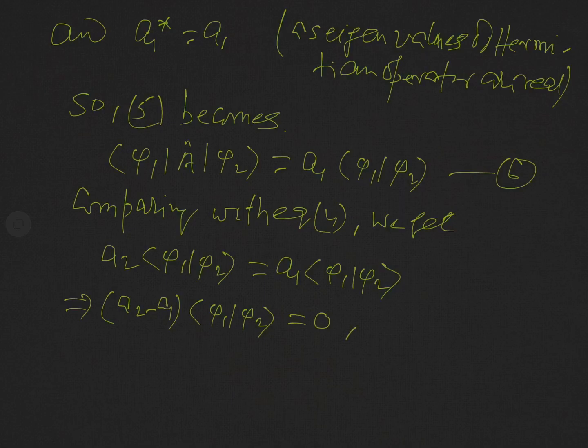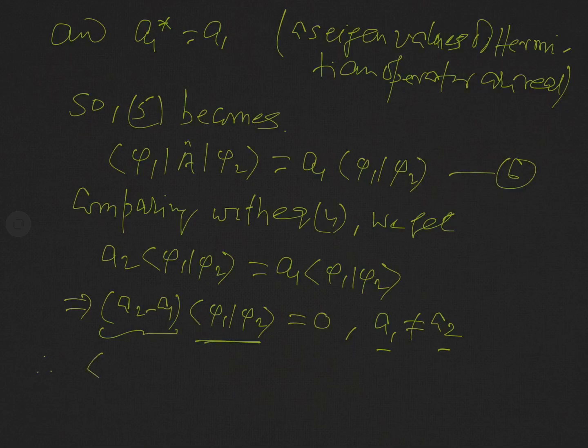But as I have just mentioned in the statement, the eigenvalues of the operator corresponding to the two eigenfunctions are not the same, they are different. So A1 is not equal to A2, and hence this factor is not 0. And if this factor is not 0, definitely this product will be 0.